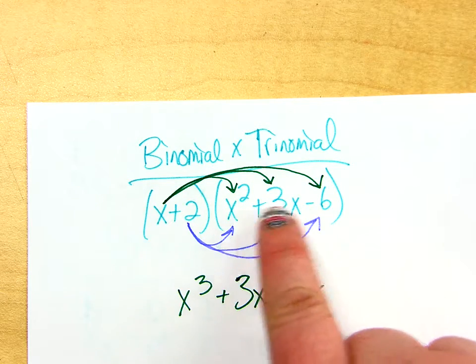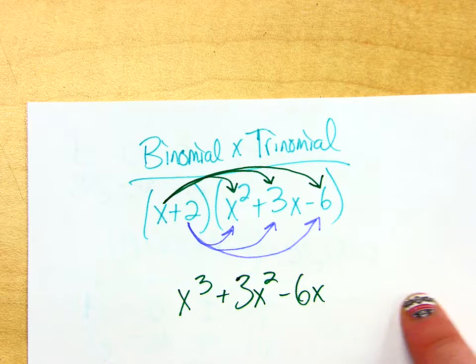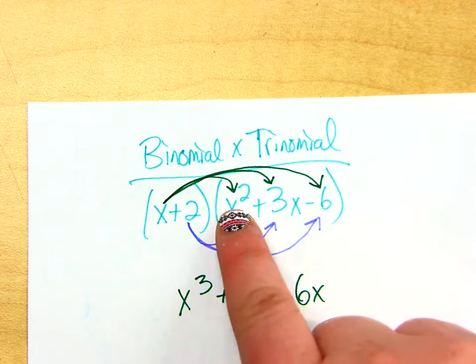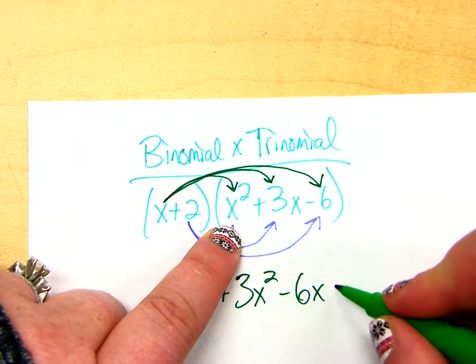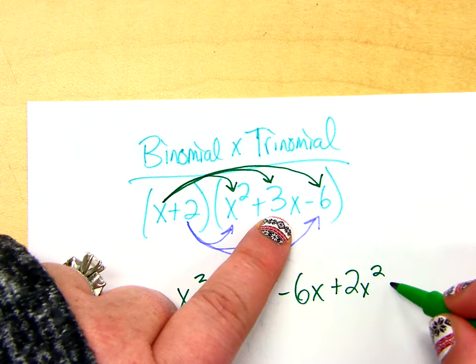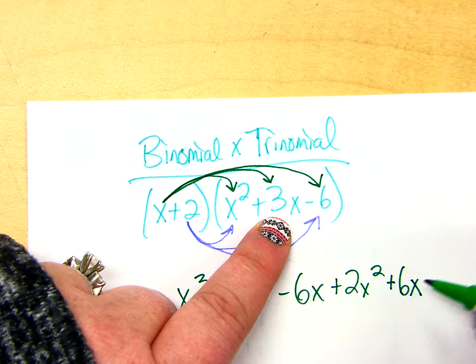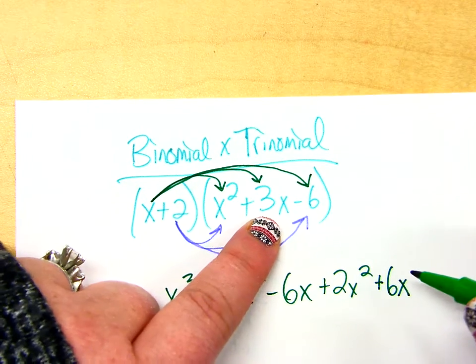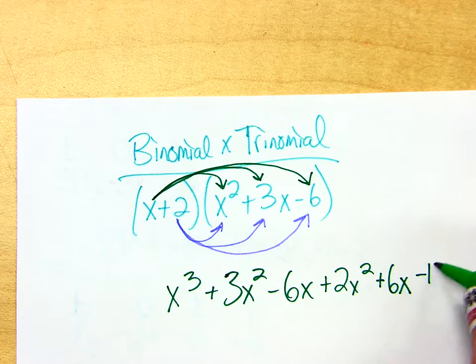So I multiplied x into all three of these. Now, right in the same line, I just keep going. I have to do positive 2 times all three of these. So 2 times x squared, positive 2x squared. 2 times 3x? Yes, 6x. Very good, you guys. And 2 times negative 6? Negative 12.